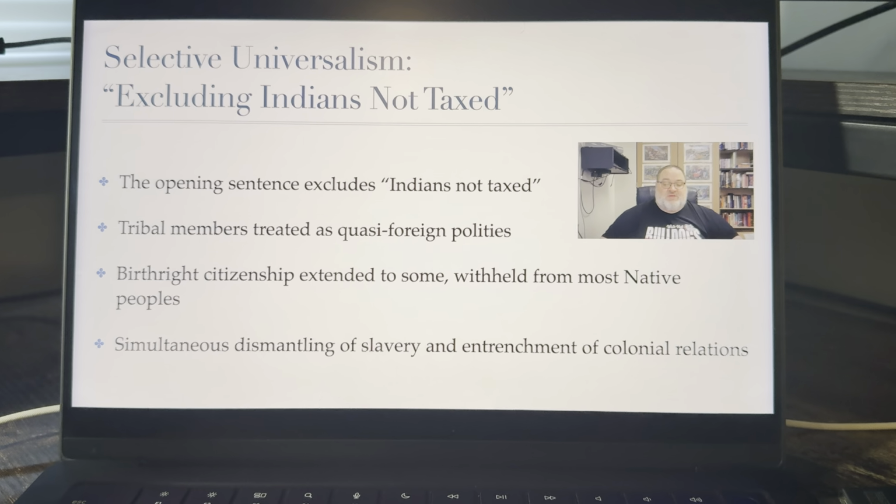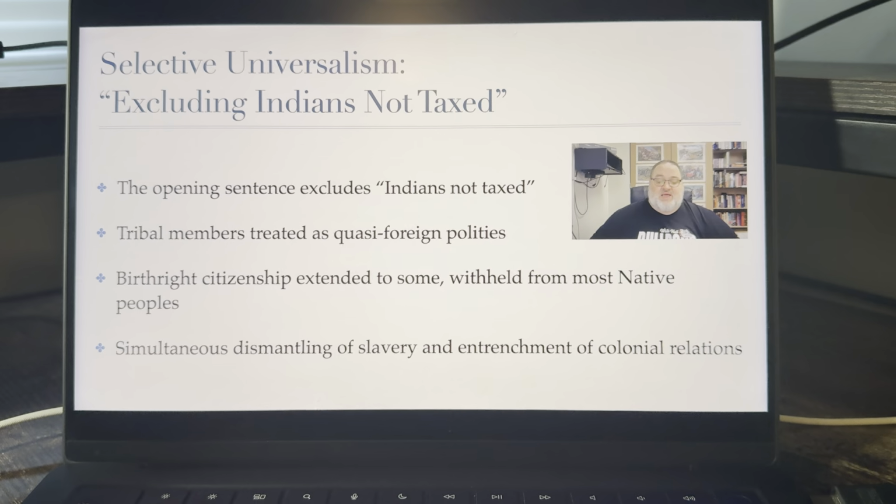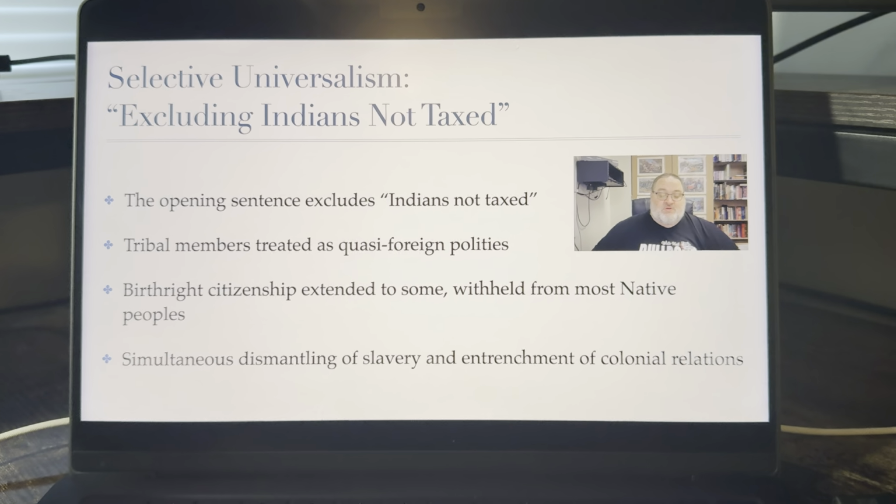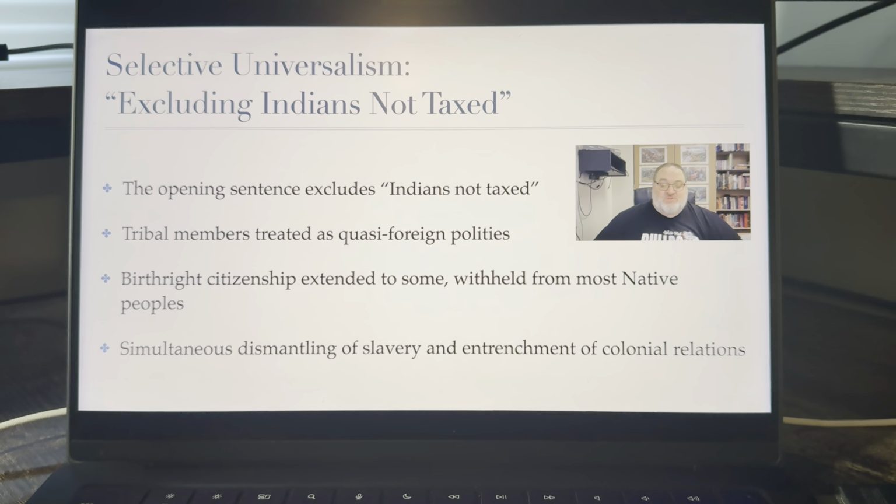That exclusion is doing real work. The phrase Indians not taxed comes from earlier constitutional language, especially in apportionment provisions. It was a way of categorizing most Native people as outside normal state tax and jurisdiction systems, as members of separate political communities in a kind of quasi-foreign status.